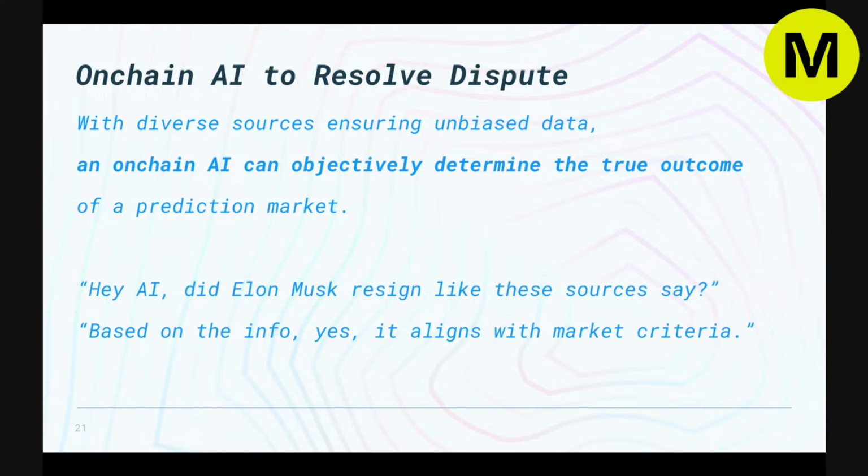They can be a neutral agent because they are not in the stake of, for example, the UMA Oracle ecosystem, and not among the betting parties, so they can objectively determine the true outcome based on their judgment.